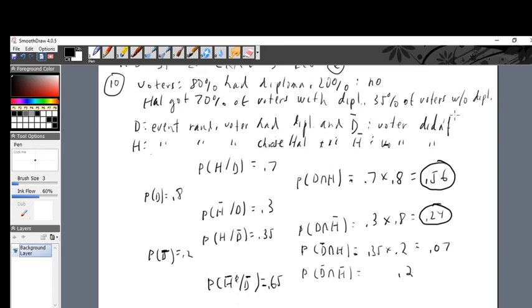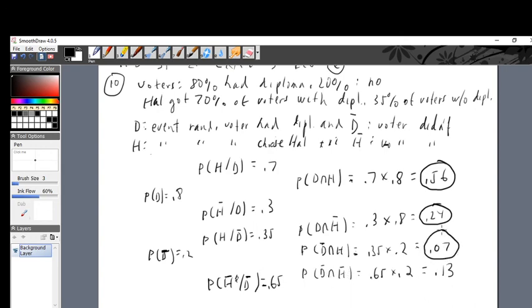So 65% of the voters without a diploma did not vote for Hal, right? So that's 0.65 times that 0.2, the 20% of people that don't have a diploma, you get 0.13. They didn't vote for Hal, and they don't have a diploma, 0.13.